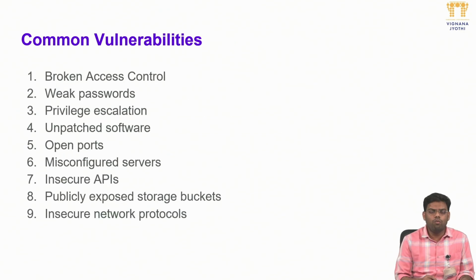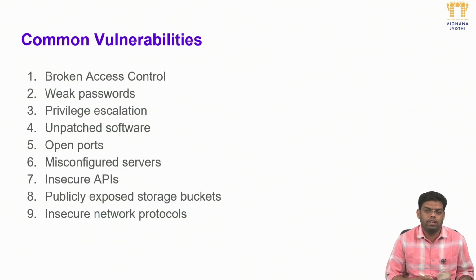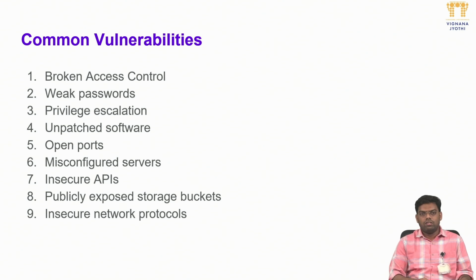Next, what are the common vulnerabilities we have? We have around nine common vulnerabilities. There may be many, but a few are on the screen. The first one is broken access control, where we try to give access permissions. Second is weak passwords. Third is privilege escalation.